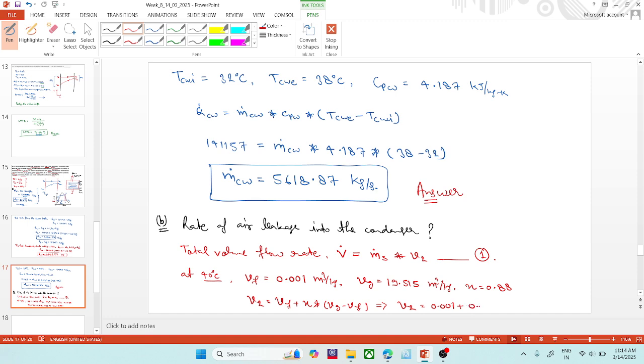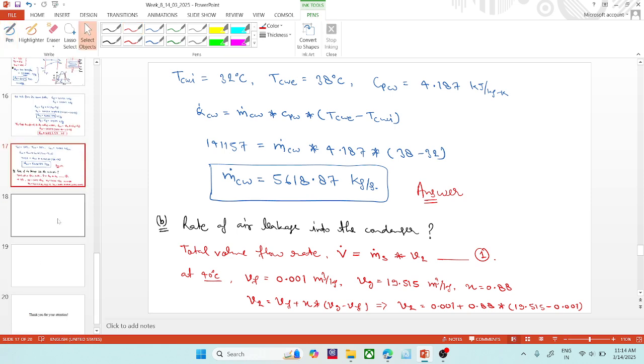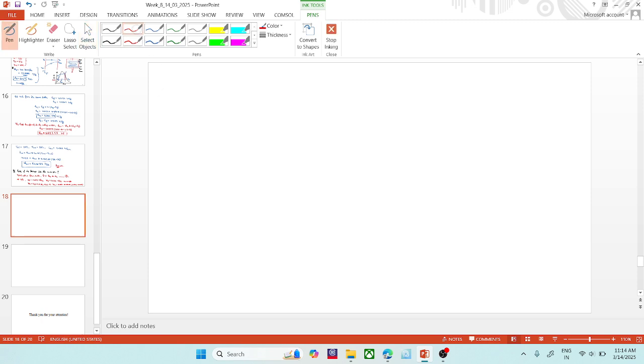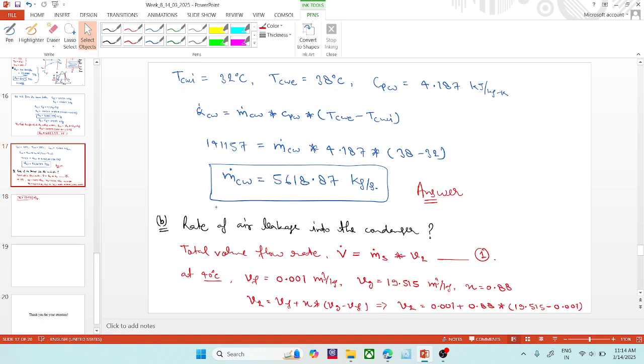While we put the values in this, V2 would be 0.001 plus 0.88 into 19.515 minus 0.001. So while we solve this, the value of V2 will come out to be 17.173 meter cube per kg, and m dot s we already have, 66.67.